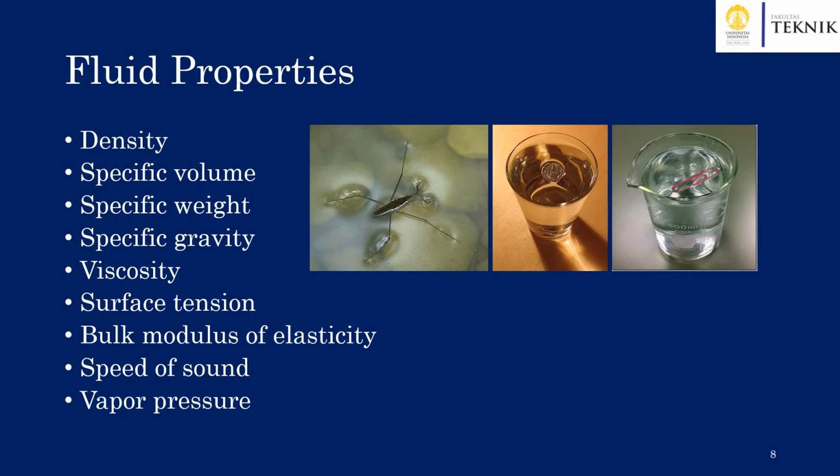These objects, let's say coins or paperclips, float on a water surface without becoming even partly submerged into the water. Surface tension itself can be attributed to cohesion and adhesion between molecules.